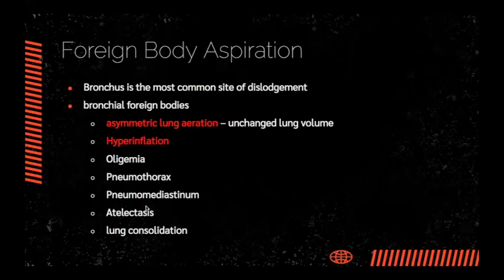And rarely we can get a patient presenting with atelectasis or lung consolidation. This is because the foreign body that is dislodged within the bronchus acts as a ball-valve effect. So instead of causing the lung to collapse, it causes the lung to be persistently hyperinflated or air trapping, right?